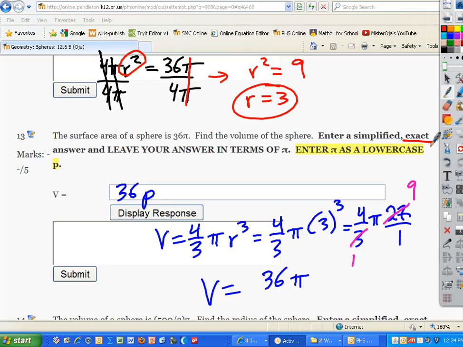The moment we turn it into a decimal, it's no longer perfect. It's just an approximation. But this is an absolutely perfect, 100% accurate answer because that symbol represents the number pi, which we can't represent as a decimal because it goes forever. Does that make sense? Okay, so there's a real reason that we're doing this.